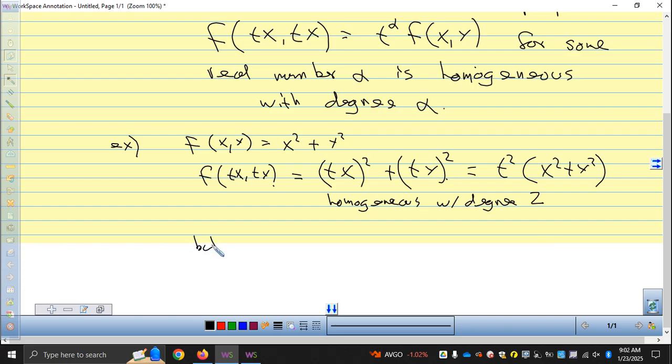But f of x, y equals x squared plus y squared plus 1 is not homogeneous. That plus 1 makes it so we can't factor out that t squared if we put in a tx and ty.